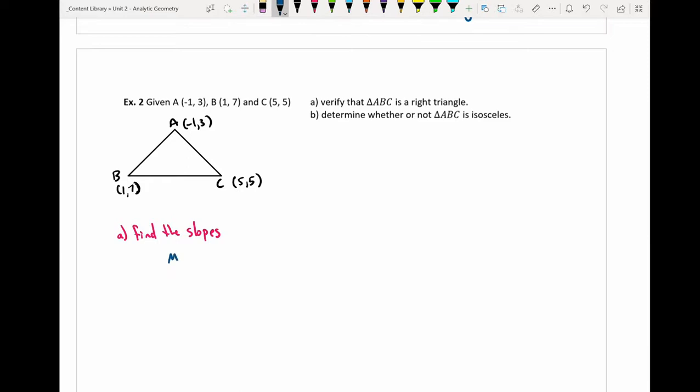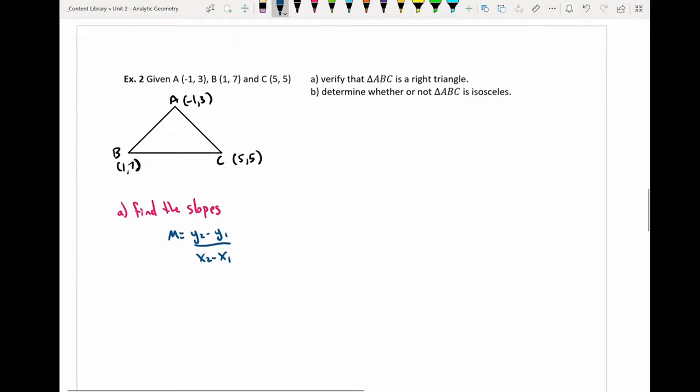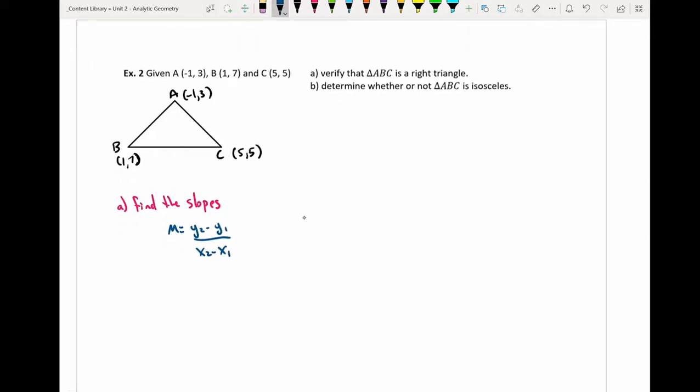So again, m equals y2 minus y1 over x2 minus x1, our slope formula. And let's look at two lines. So I'm going to look at the slope of AB. So 7 minus 3 over 1 minus -1, and I get 4 over 2, which is a slope of 2.